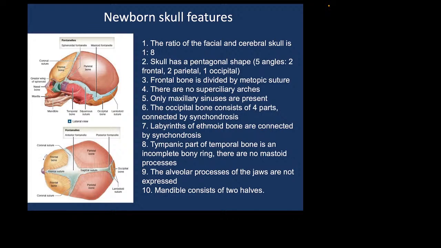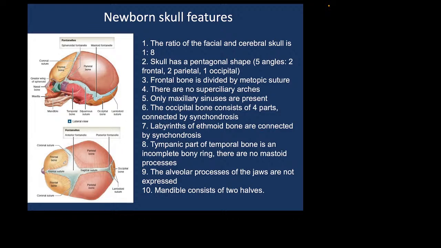The second feature is that the skull has a pentagonal shape. Here you see angles 1, 2, 3, 4, and 5. The pentagonal shape is visible on the superior view, when we look at the skull from above.